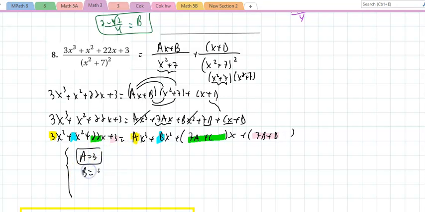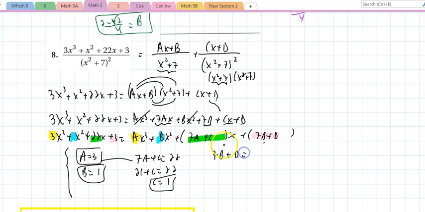B equals 1, I got it. And doesn't this say 7a plus c must equal 22? But I know a is 3. 3 times 7, 21 plus c equals 22, so c is a 1. And isn't 7b plus d equal to 3? But I know what b is.